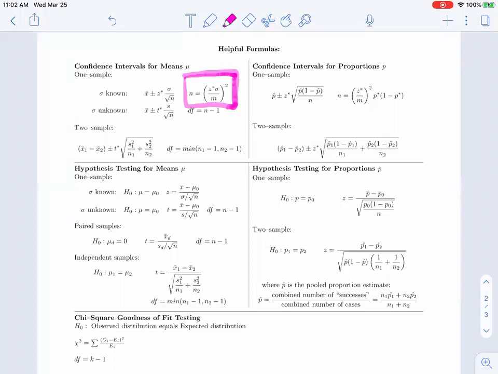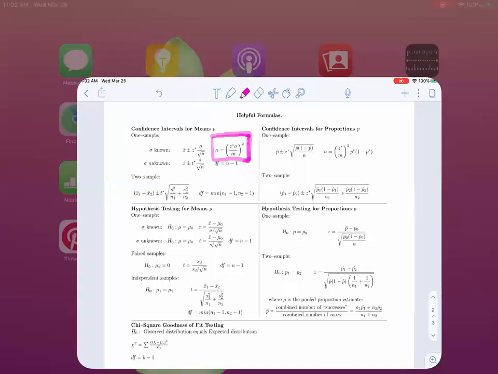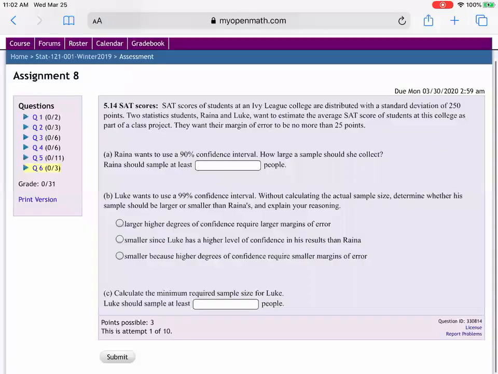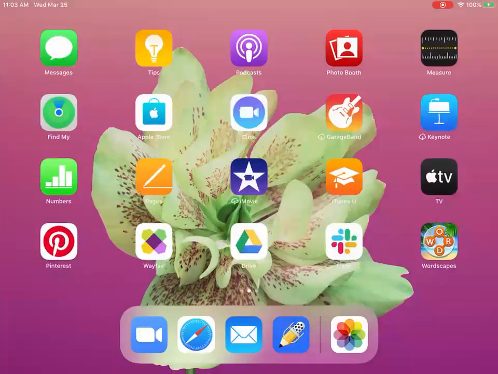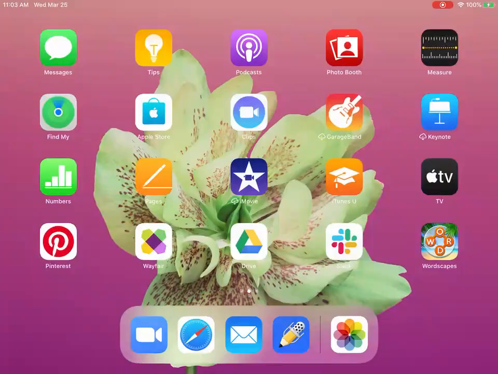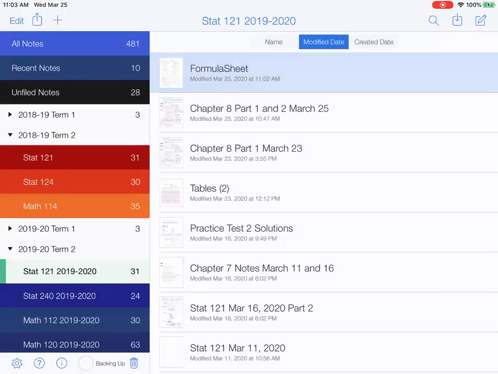I think what they're saying is use a sigma of 250, or it's probably a variable number. You want to find how large of a sample she should collect, so you're calculating sample sizes. That's why I want to say this is the one that you want to use.